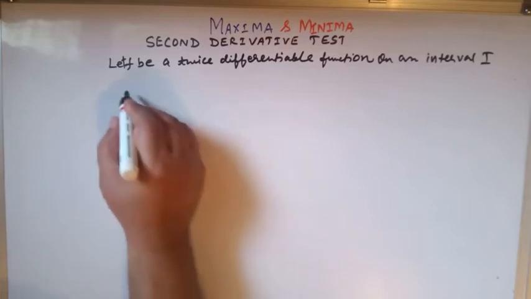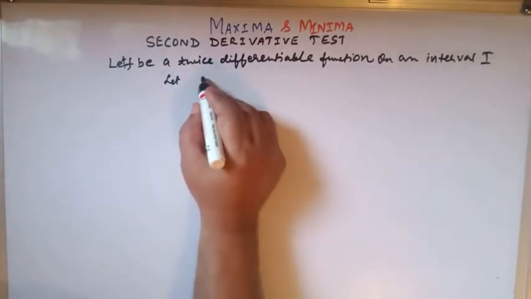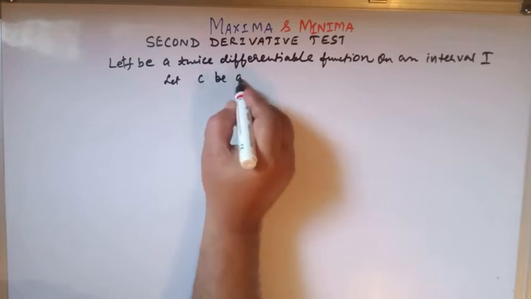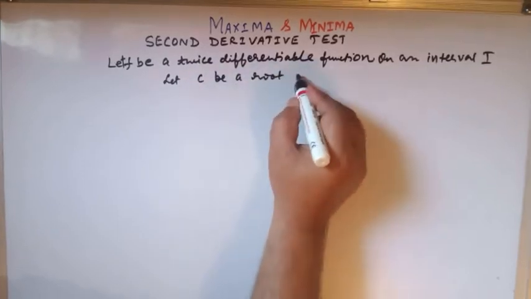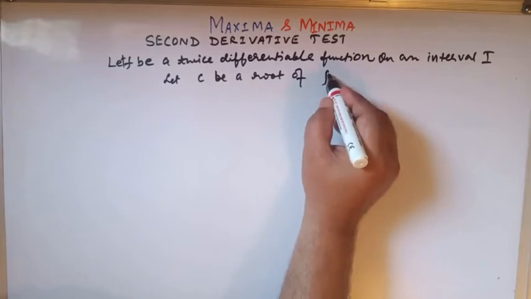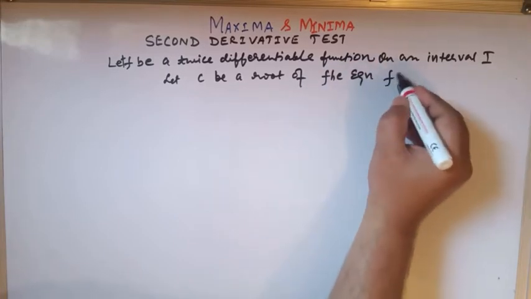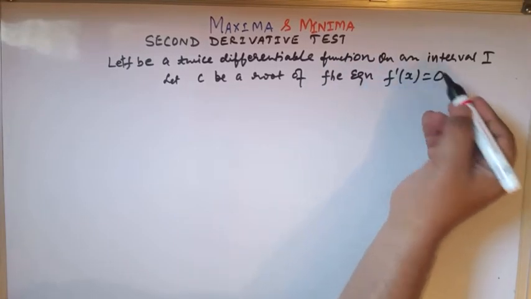Now let C be a root of the equation f prime of x equal to 0.